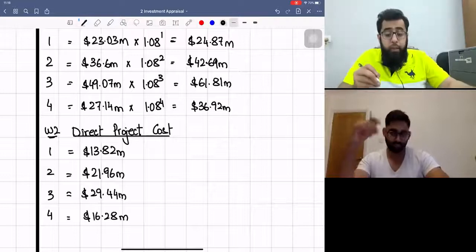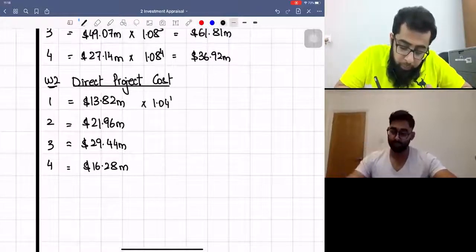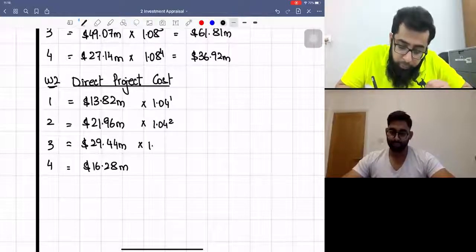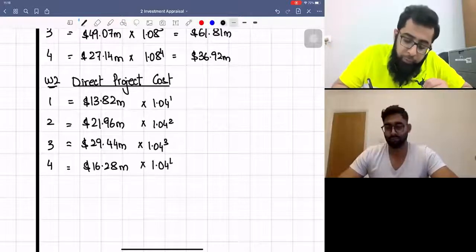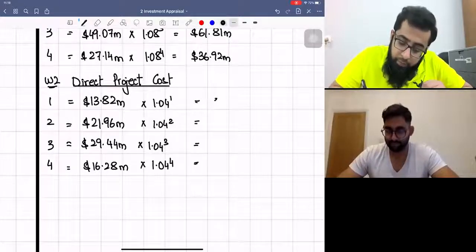What was the inflation rate? 4%. 1.04 power 1, 1.04 power 2, 1.04 power 3, and 1.04 power 4. First one, 14.37 million.